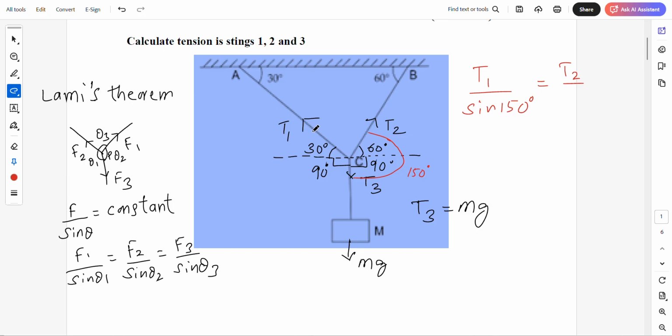T2 is here. How much is this angle? 90 plus 30 is 120 degree. Sine of 120 degree. That is equal to T3 divided by, how much is this angle? 30, 60, 90. This will be 90 degree. Sine of 90 degree.